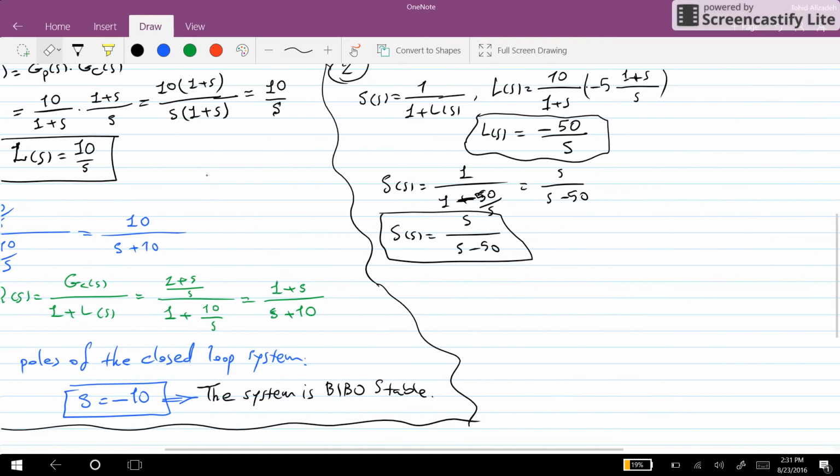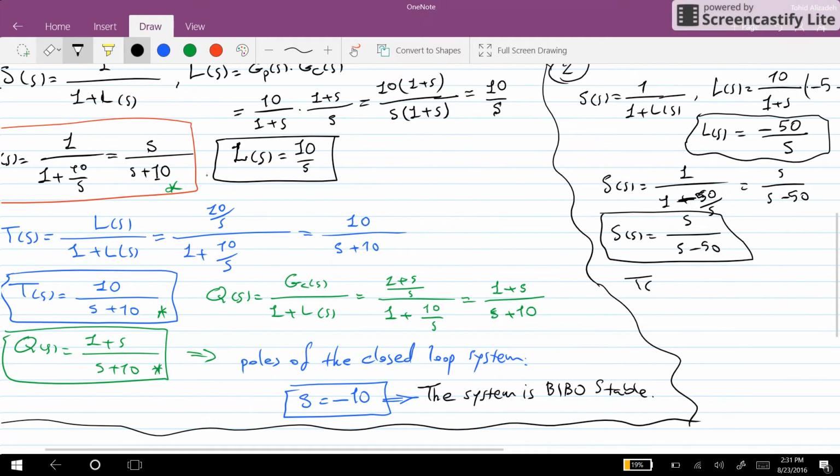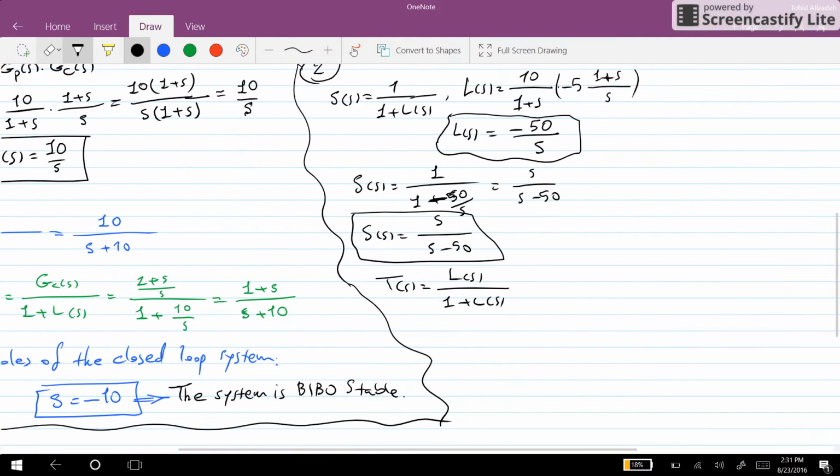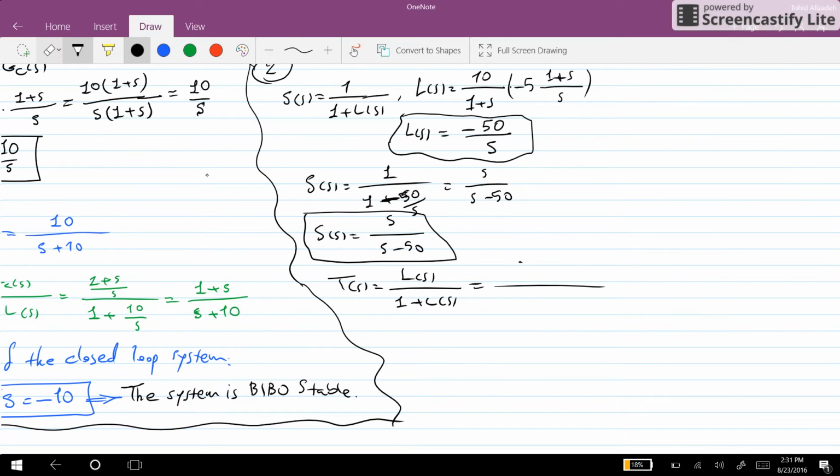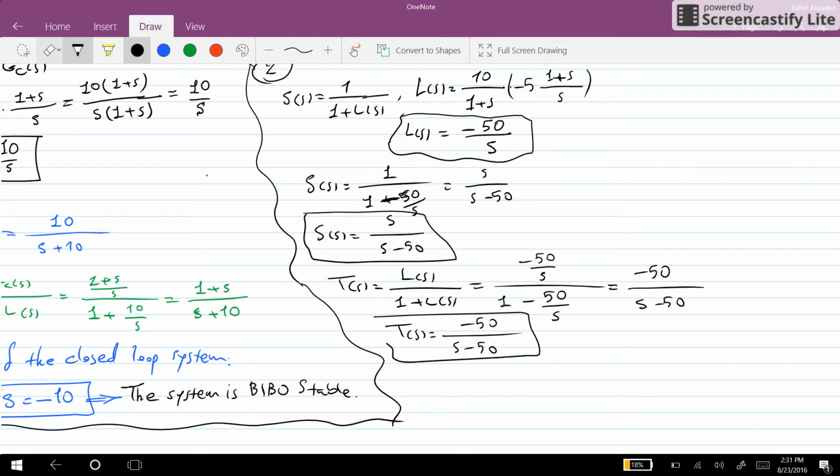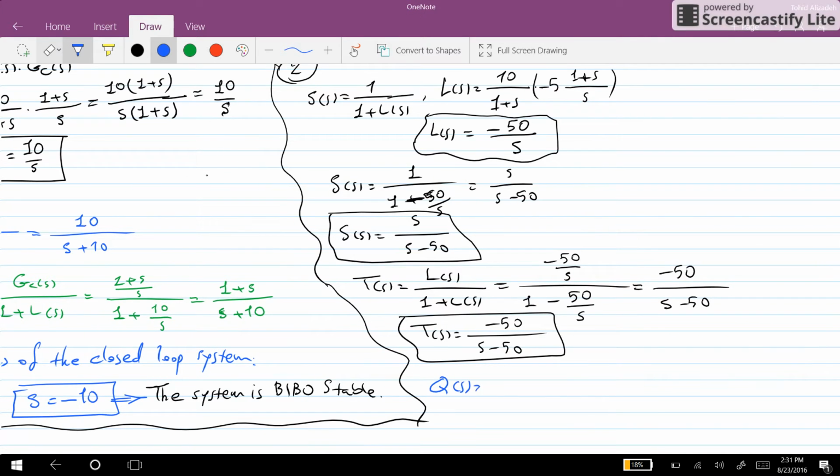Now T is given as L over 1 plus L, and this will result in minus 50 over S over 1 minus 50 over S, which will result in minus 50 over S minus 50. So T is given as minus 50 over S minus 50. And Q is given as GC over 1 plus Ls.